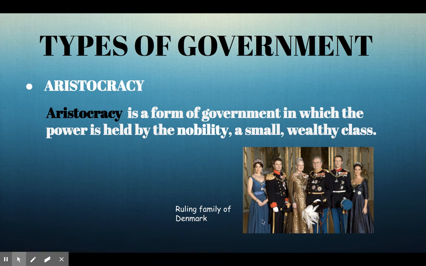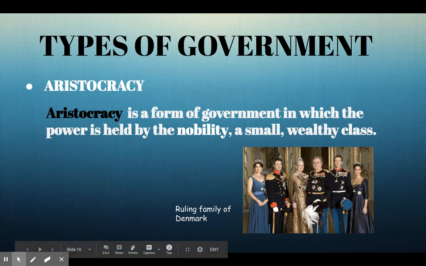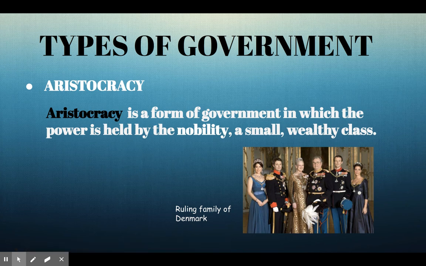They are extremely wealthy and they run the country. So you can write down, after you write your definition, just underneath it, write example, EX, Denmark. Look at that gown. Isn't that sweet? Gold. Okay, so that's an aristocracy.